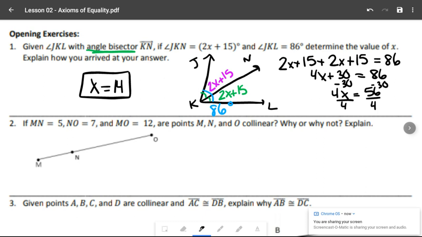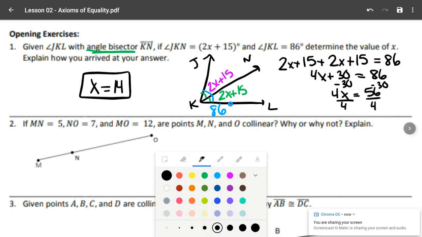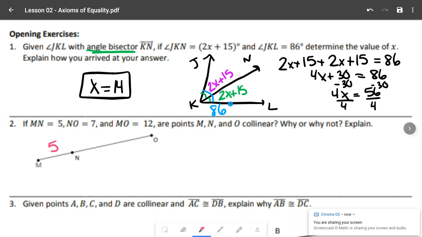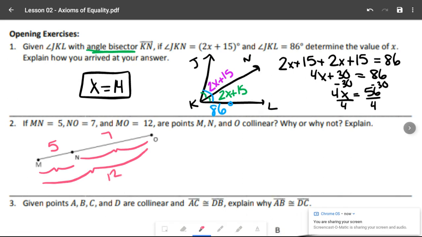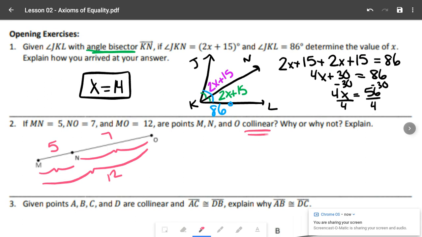The second one is another throwback for us where we're looking at line segment MN is 5. So from here to here. NO is 7, while the entire thing is 12. We want to know if it's collinear. Now remember, collinear means 3 or more points that are all falling on the same line.